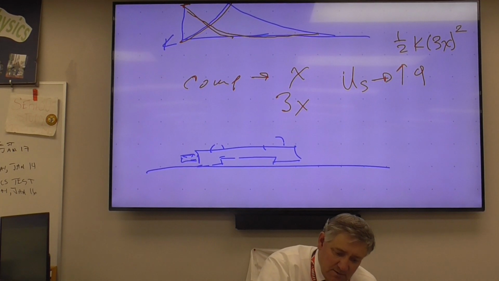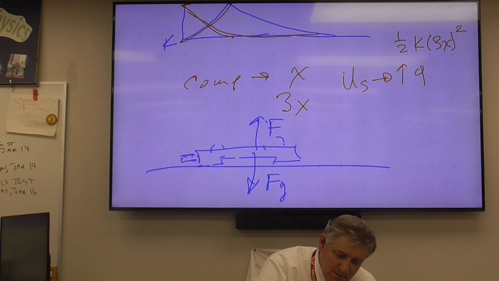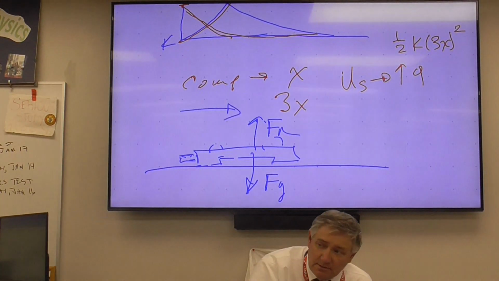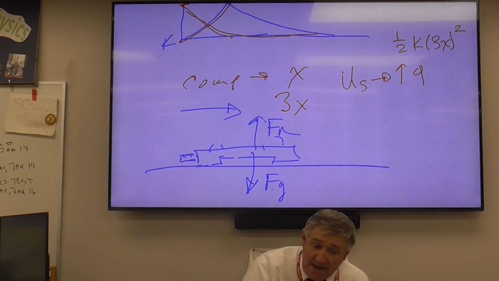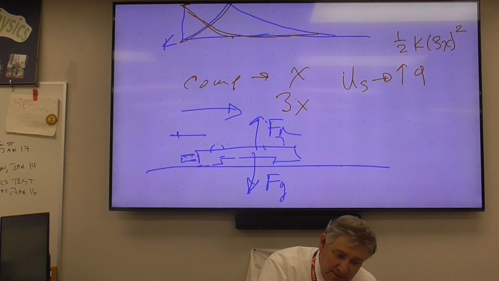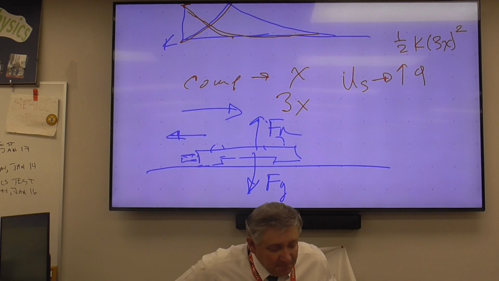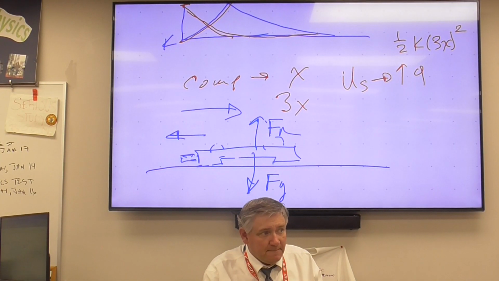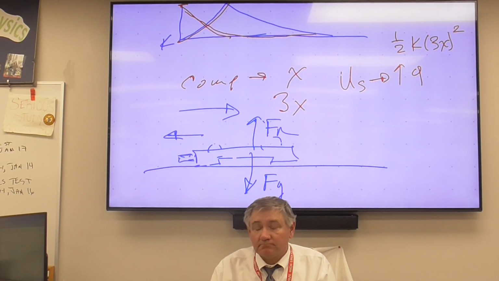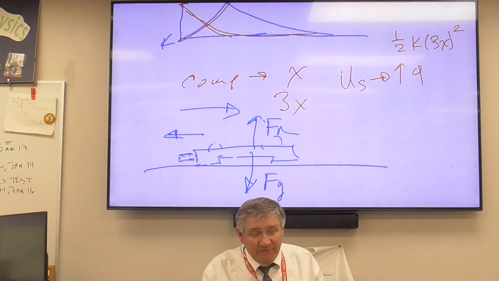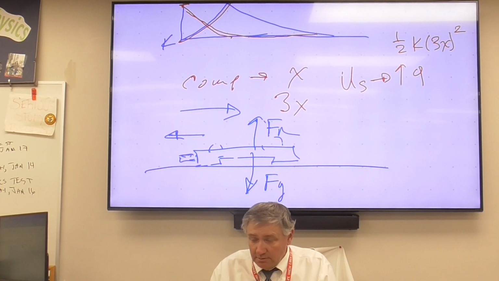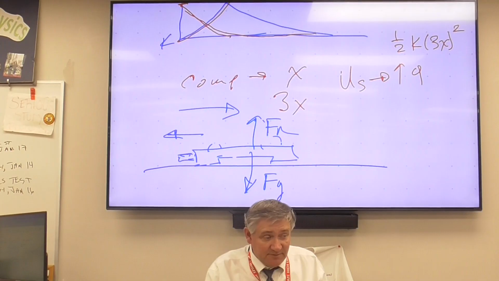Force gravity pulling down, the normal force acting up, and if the cart is going in this direction, force friction is going to be acting in that direction. Is the force friction going to be doing work? Yes. Is the force friction going to be a constant value, assuming that it has the same coefficient of friction? Yes.